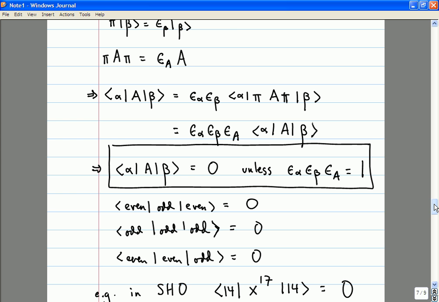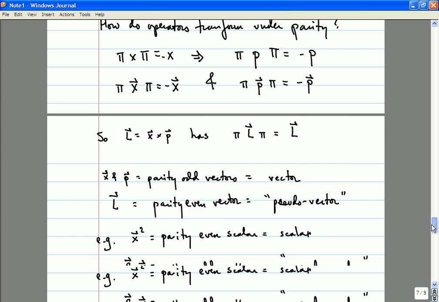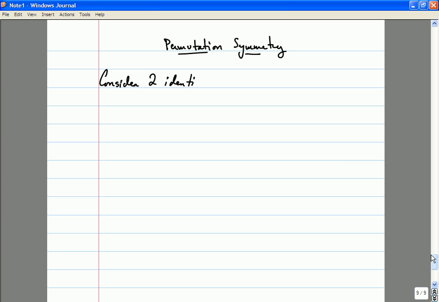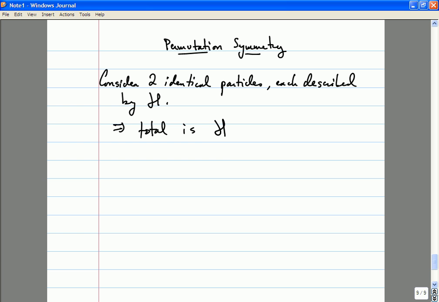Okay, let me spend the last few minutes of this class talking about one other very simple sort of symmetry. Consider two identical particles, each of which is described by a Hilbert space H, so that the total system containing those two particles is the tensor product of H with itself, whose basis is given by the tensor products.